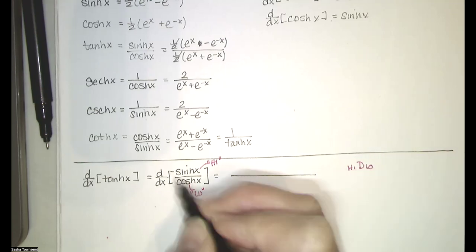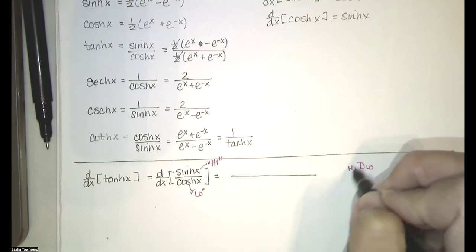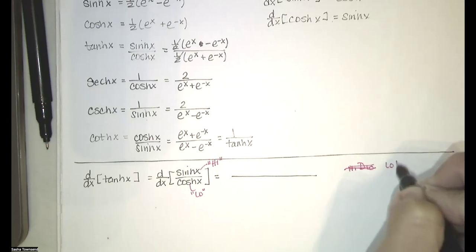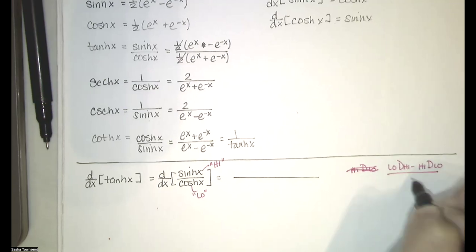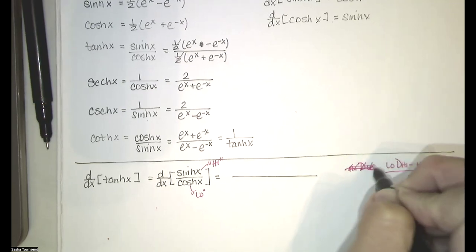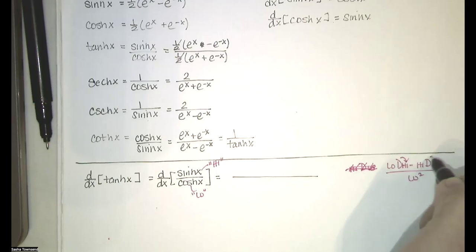We've got the derivative of a quotient is low d high minus high d low over low low. And that d is a differential operator. It applies to the function in front of it.